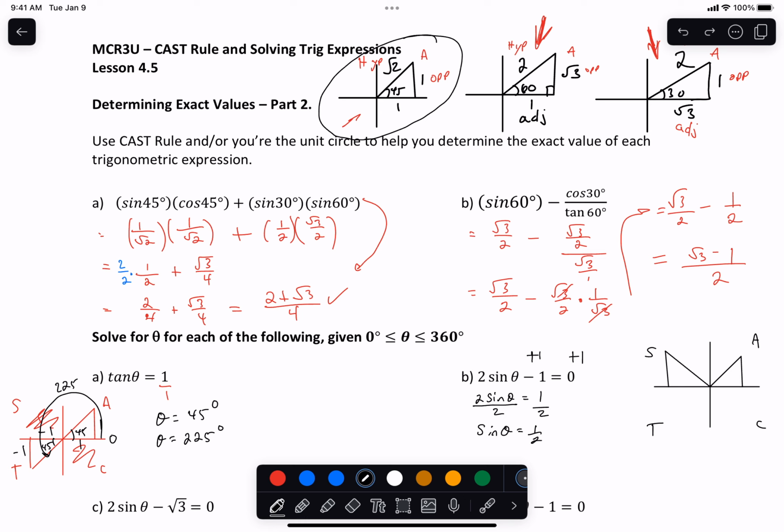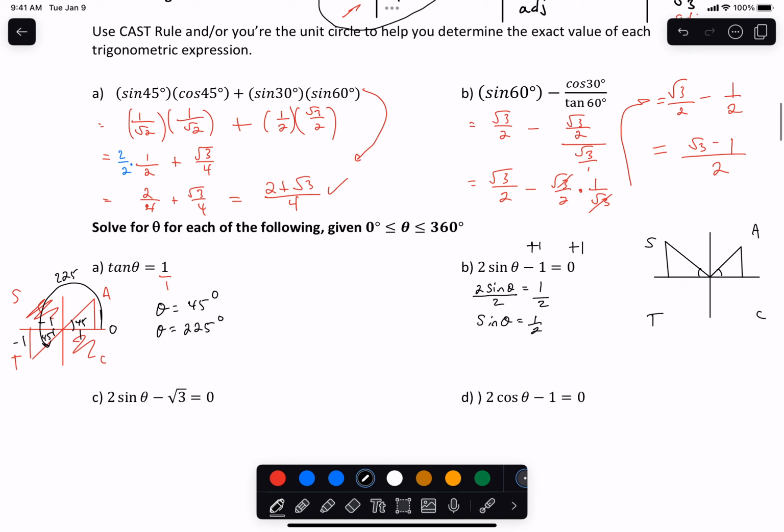So I know that whatever this angle is, I know the trig ratio is sine, and sine is opposite over hypotenuse. So this has to be the opposite, and this has to be the hypotenuse. So I got to put 1 here and 1 there, because those are the opposite side lengths relative to my angle. And then subsequently, the 2 is the hypotenuse.